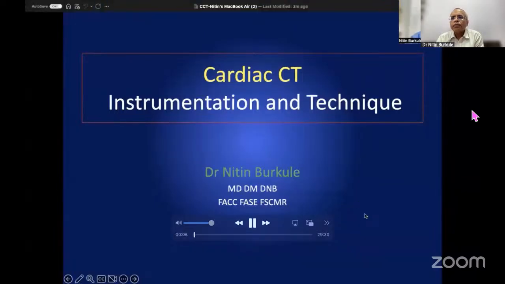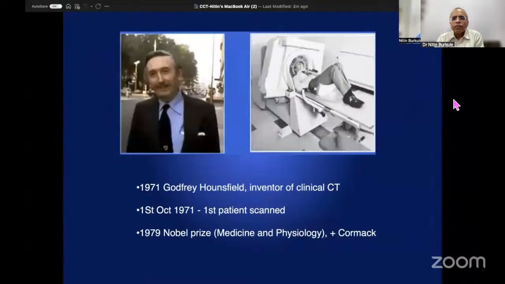Dear friends, let us discuss the cardiac CT, instrumentation and the different techniques. It was in 1971 that Dr. Hounsfield invented the clinical CT, and on 1st October 1971, the first patient was scanned.